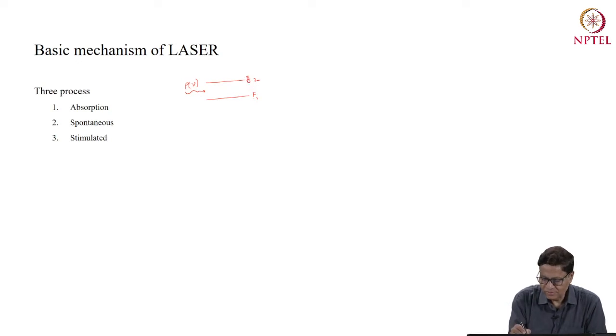This is E2. Then the electron from the low energy state will go up because of this rho nu. So the final state will be, this is E1, this is E2. The electron has come here. So this process is called absorption.